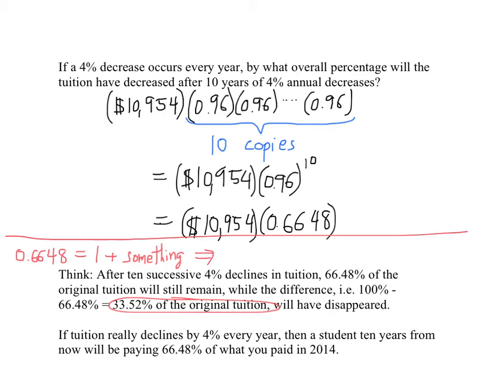Now if you solve for what that something is, by subtracting 1 from both sides of this equation, it turns out that that something, that change, equals negative 0.3352. The fact that it's negative indicates that the change is a decline. That's another way to see that the drop is by 33.52%.